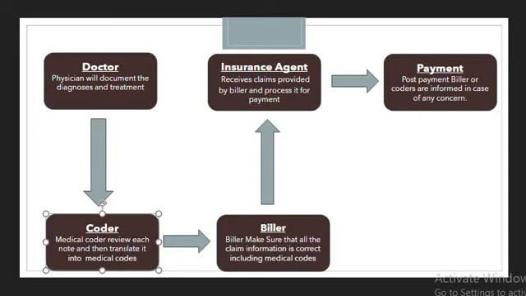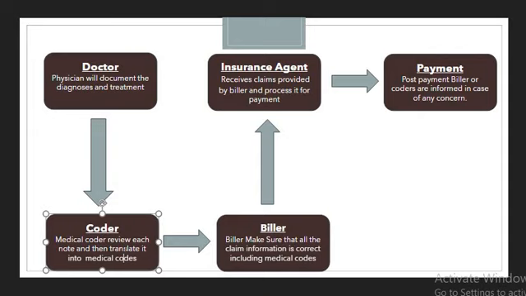Now what are medical codes? Medical codes are nothing but alphanumeric codes which are based on some standards. In our previous session we also discussed that there are some standards, right? We will discuss them in detail in an upcoming session, but for now you can just understand that we have some standard on the basis of which we perform medical coding.